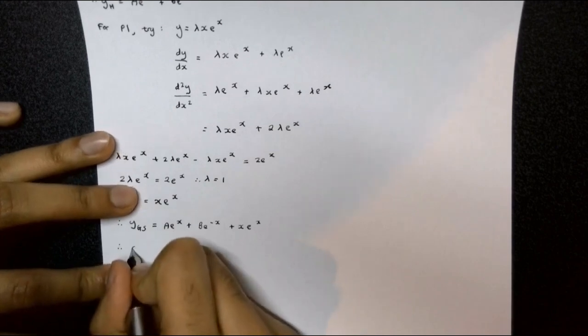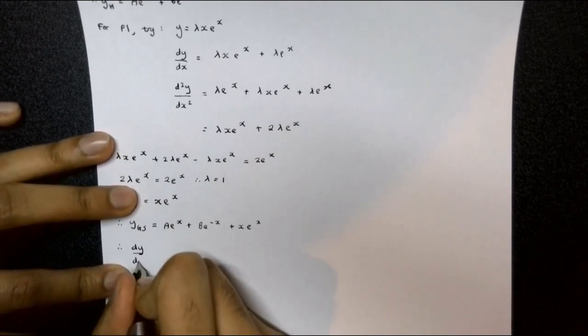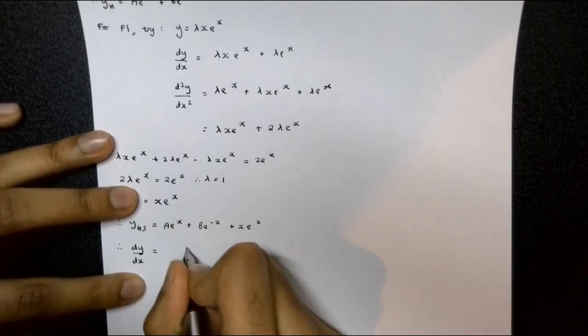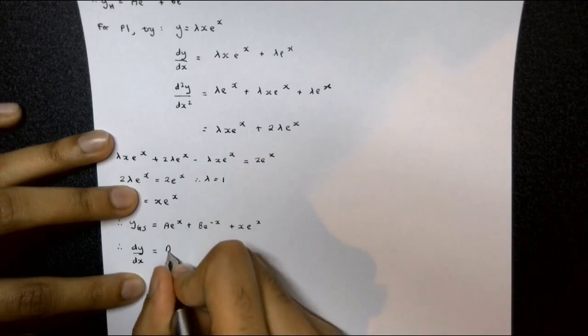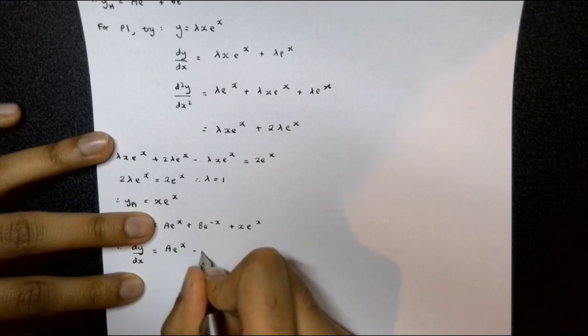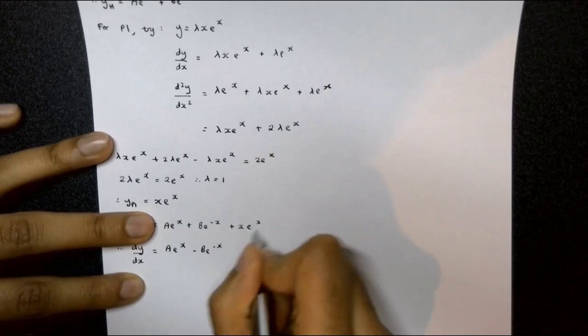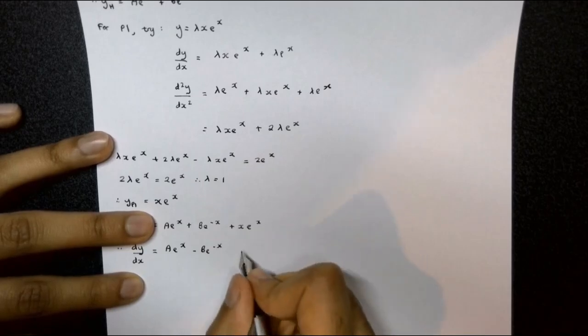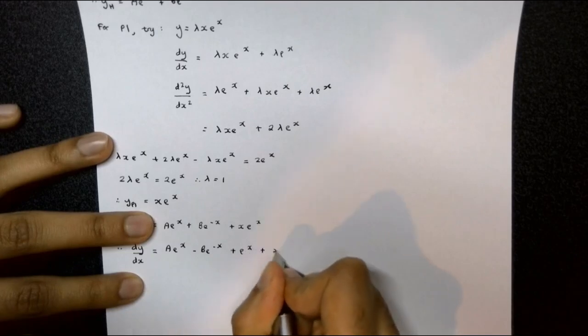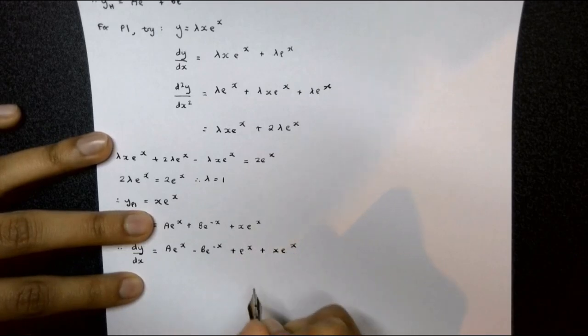So therefore, dy over dx, that's equal to, if we differentiate all this, a e to the x minus b e to the minus x, and here we need to use the product rule. So here we have e to the x plus xe to the x.